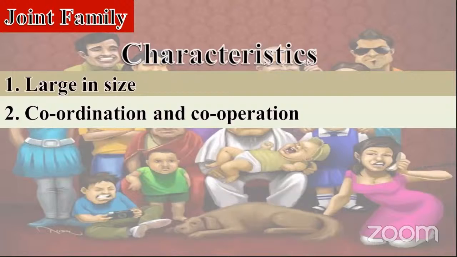The second important characteristic of the joint family is coordination and cooperation. Here all the family members coordinate and cooperate with each other whenever it comes to any issue which belongs to the family: property, dignity, any kind of rights, and cultural activities, functions, festivals.